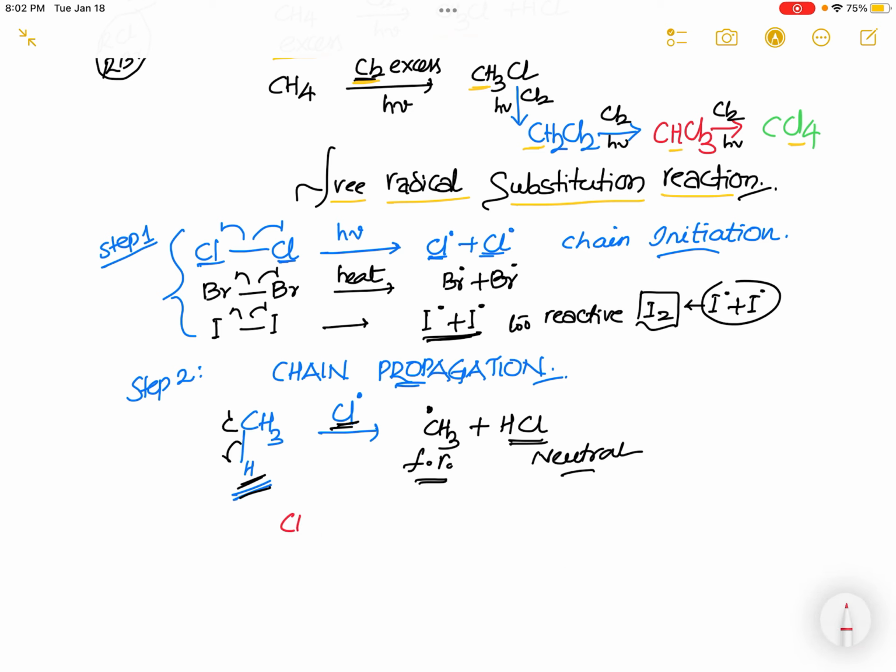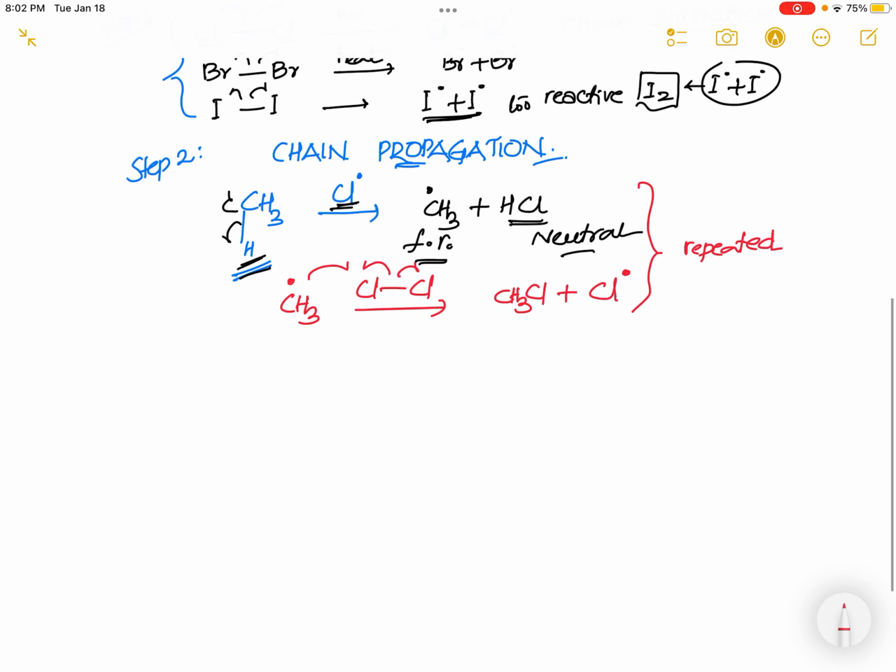Now this methyl free radical will be attacking another chlorine molecule. You will be getting CH3Cl and another chlorine free radical. These steps are repeated. The steps will be continued.